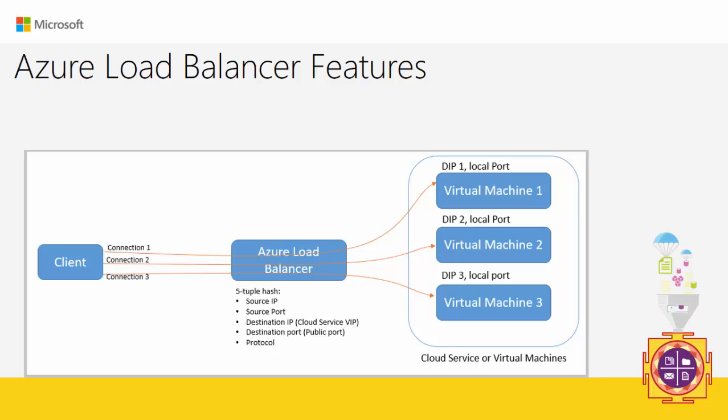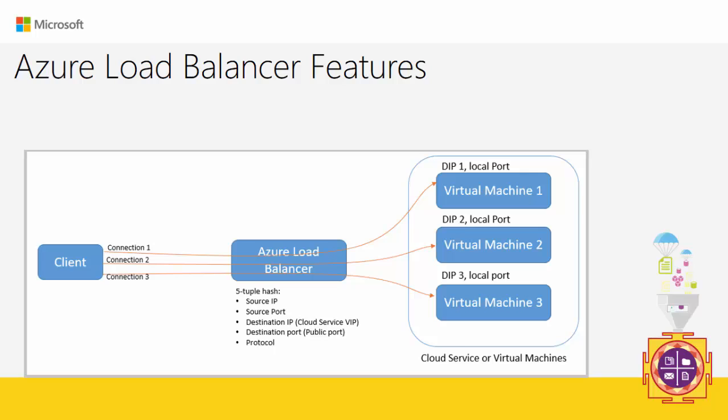By destination IP, I simply mean the cloud service virtual IP, or the public IP, and then the destination public port, and afterwards the protocol that is being used, whether it is HTTP, TCP, whatever it is. As you can see in this slide, the connection is being built with the Azure load balancer.